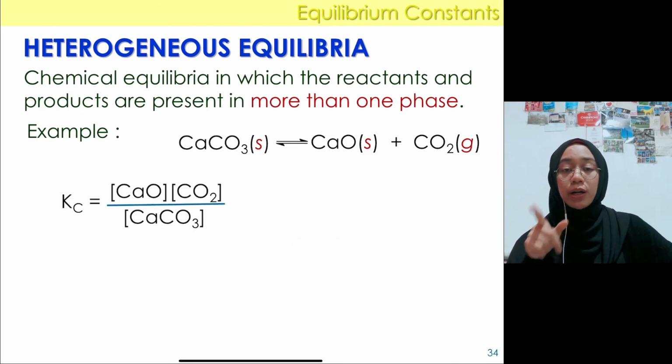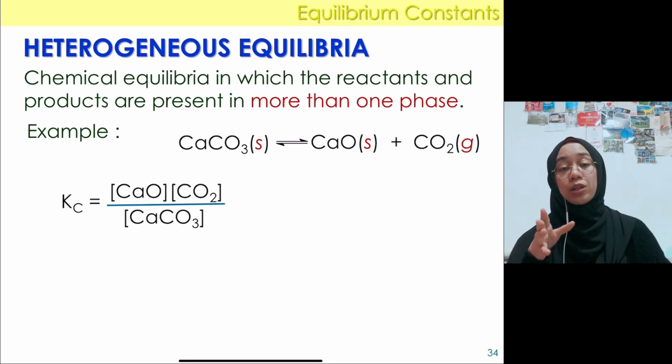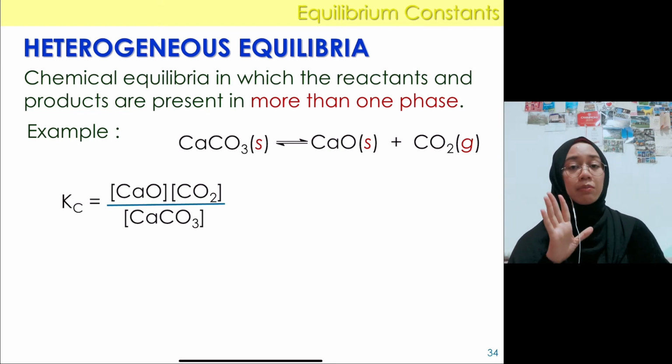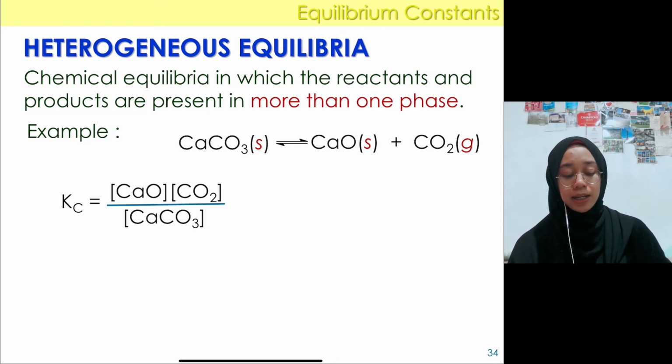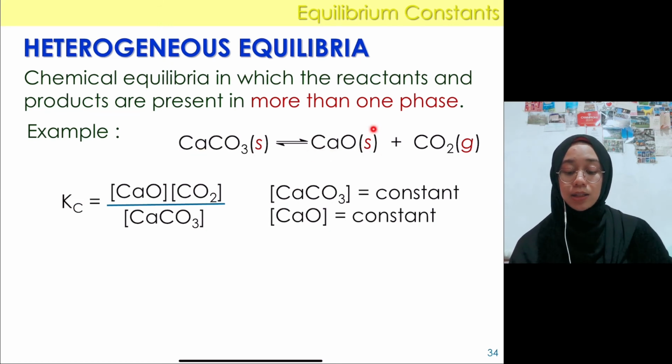Okay, so if we were to write down the KC or KP untuk heterogeneous equilibria pula, so adakah dia sama je macam kalau kita tulis untuk homogeneous equilibria? No, dia ada perbezaan dia. Okay, so beza dia adalah since kita punya calcium carbonate and also calcium oxide adalah solid.